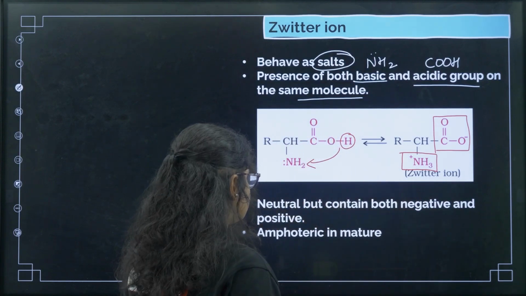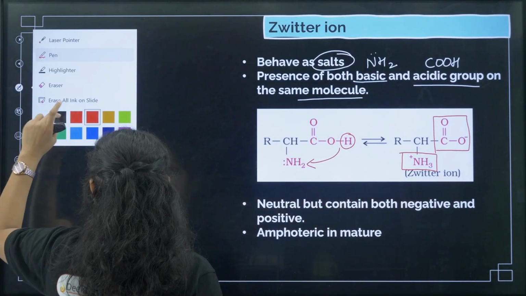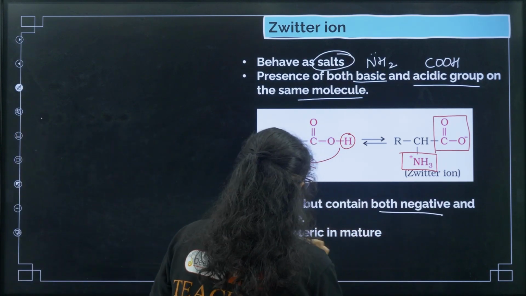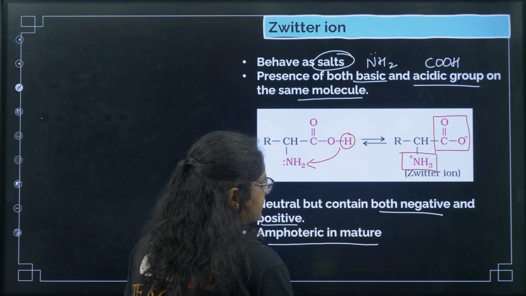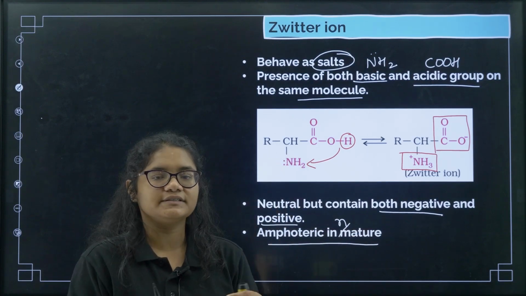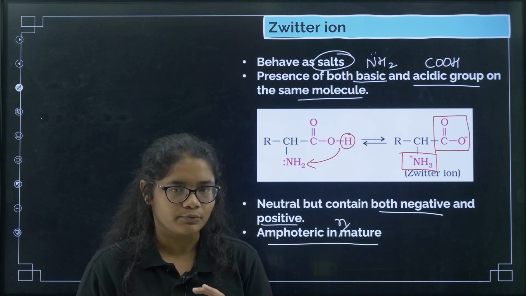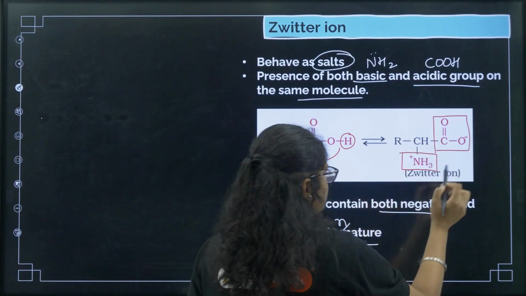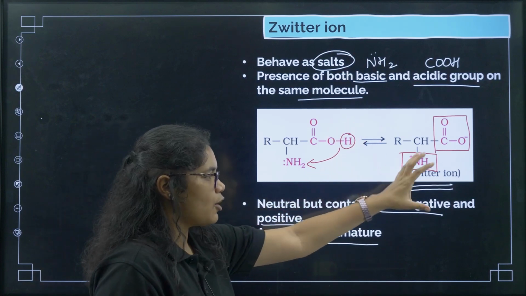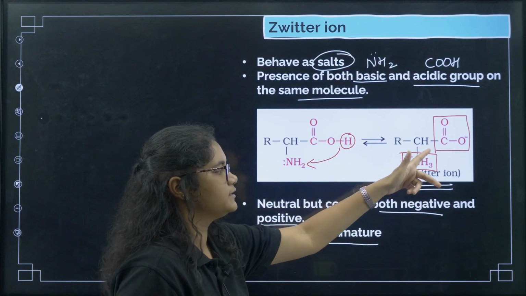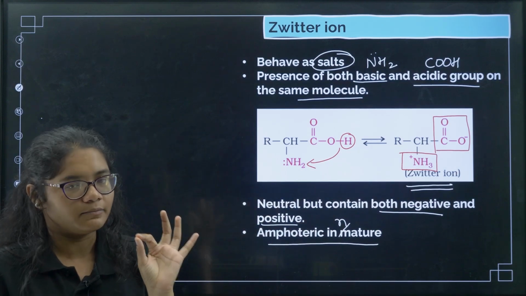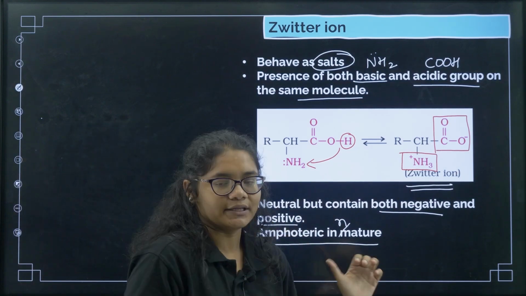This compound is neutral because the overall charge is 0, but it contains both negative and positive charges, and it is amphoteric in nature, because it has both basic and acidic groups. This particular compound is called a Zwitter ion. A Zwitter ion is a form of amino acid where it exists in the dipolar form, one negative and one positive charge. Overall it is neutral, but it is amphoteric in nature.